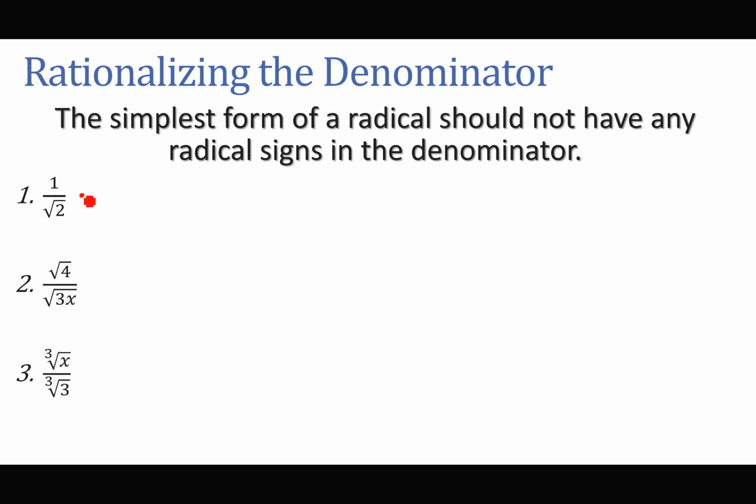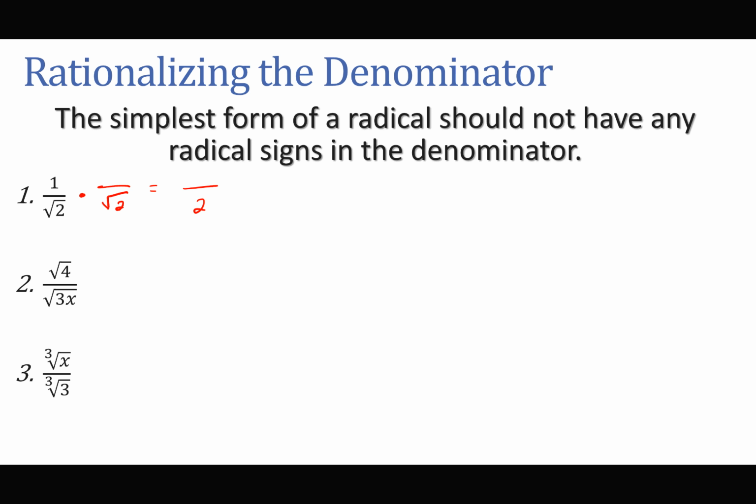So what we will do, if I wanted to eliminate square root of 2, what could I multiply to eliminate that radical? If I multiply this by square root of 2, I'm going to end up with just 2 in my denominator. Just like we did in that last slide, square root of x times square root of x is just x.